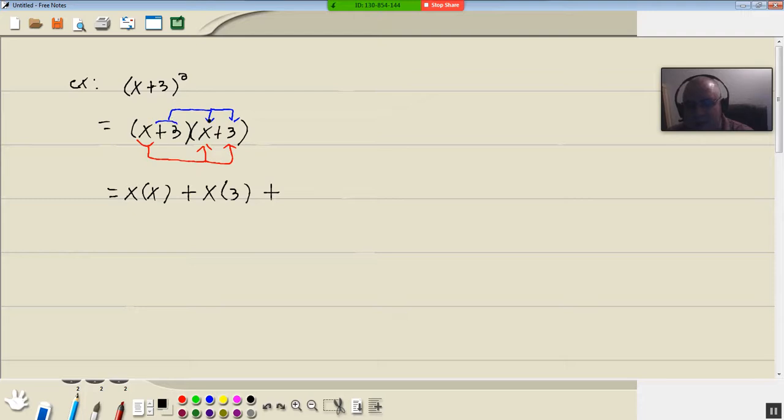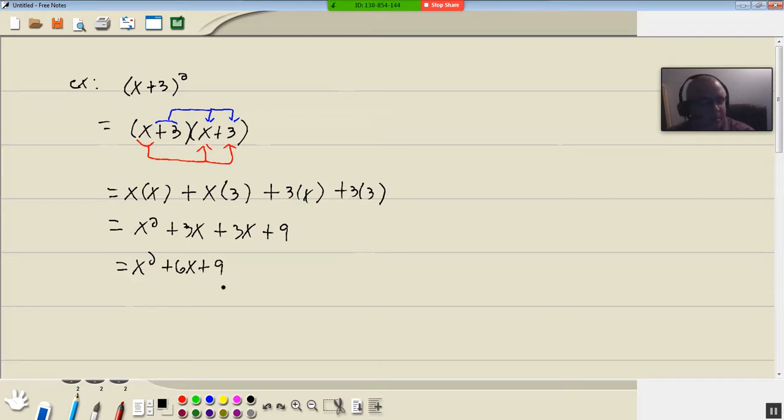Follow my blue lines, 3 times x, that's our inner terms. And 3 times 3, that's our last terms. So I got x times x is x squared, x times 3 is 3x, 3 times x is 3x, 3 times 3 is 9. And always combine like terms, 3x plus 3x gives us 6x plus 9. And that'd be your answer.